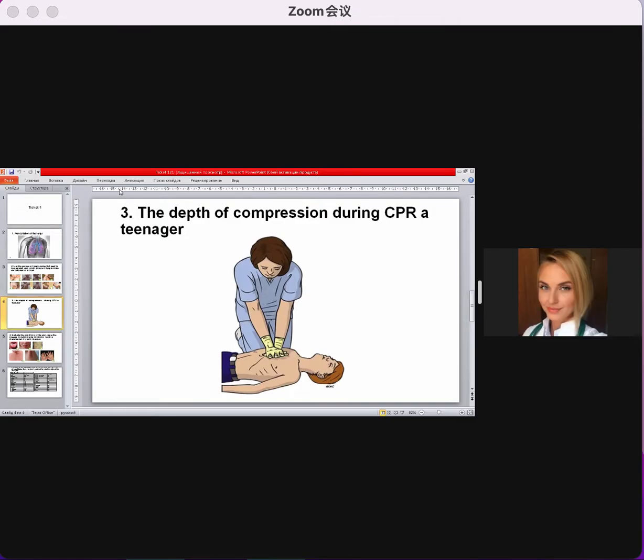Another doctors. Jumana, what do you think? 5 to 6 centimeter.